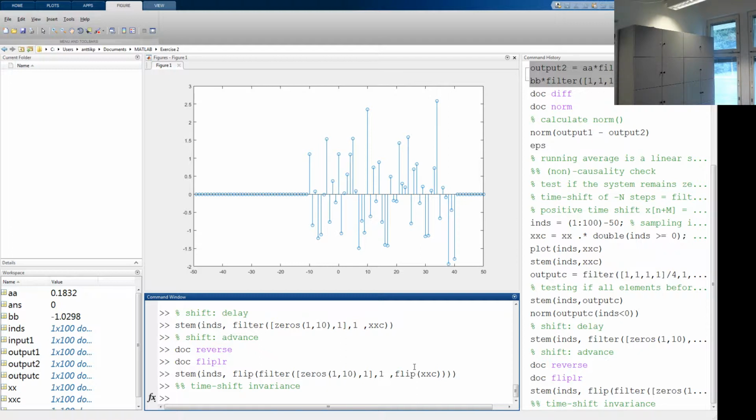So basically, y of n, then you should actually get the same as if you have x of n minus k going through that one.